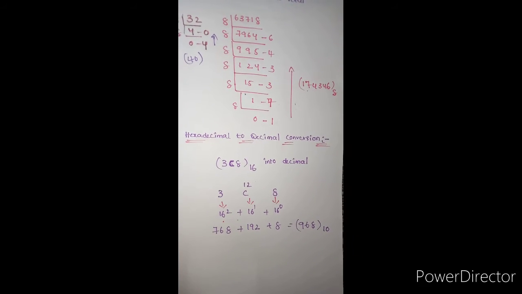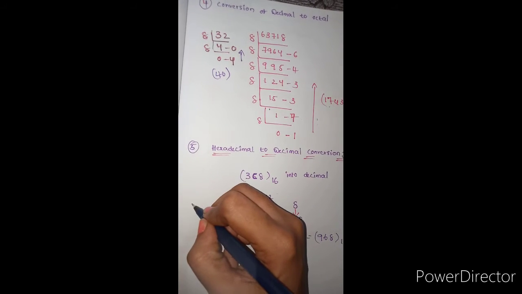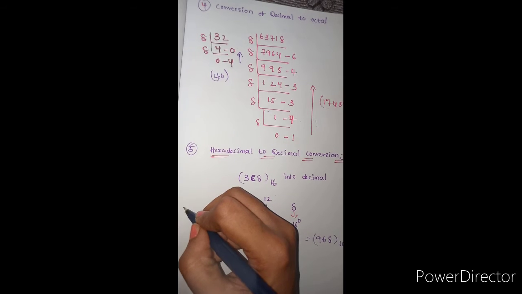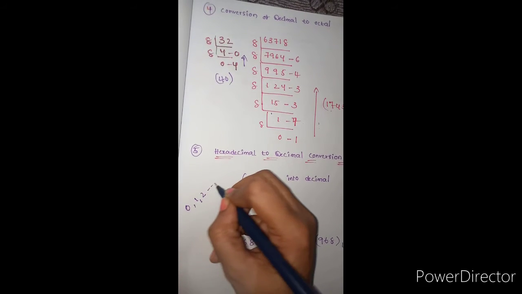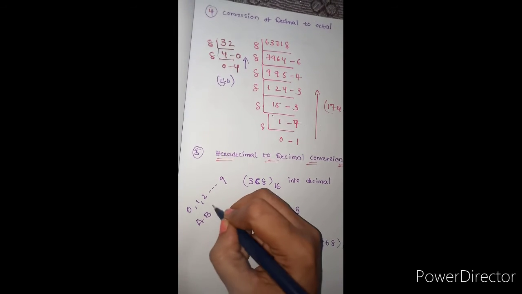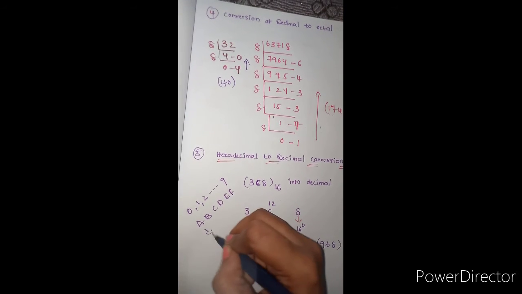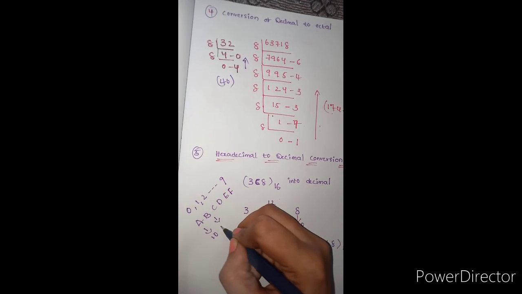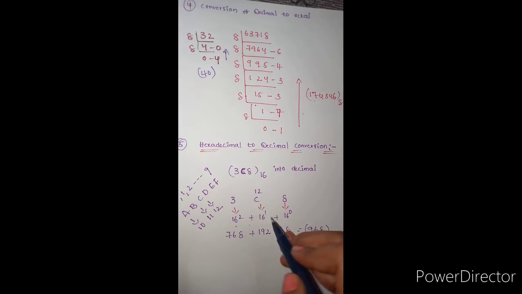Here C is nothing but 12. In the hexadecimal number system I am using 0, 1, 2 and so on up to 9, and the alphabets A, B, C, D, E, F. That means A is 10, B is 11 and C is 12. So here C is 12.